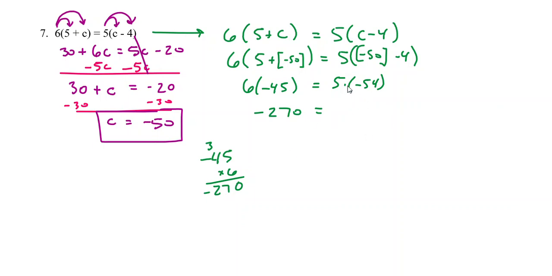Now let's try it with 5 times negative 54. 4 times 5 is 20, 25 plus 2 is 27. It's also negative 270. And they're both negative 270 when c equals negative 50, so c equals negative 50 does indeed make this sentence true. That was a tricky one.